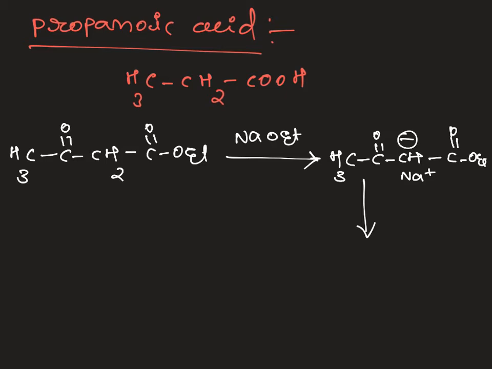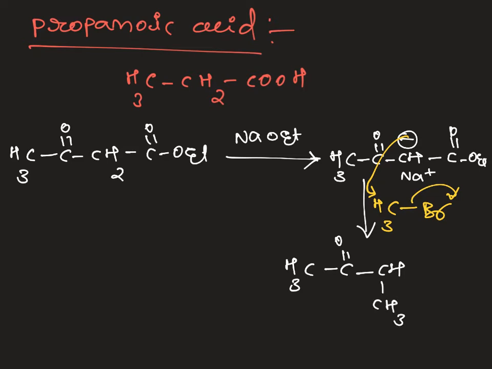Here we know that 2 carbons are coming from ethyl acetate, and in propanoic acid we have 3 carbons. So which alkyl halide do I have to use? I have to use a 1-carbon alkyl halide. I can use methyl bromide. Using methyl bromide, nucleophilic substitution forms a substituted product of ethyl acetate, CH3COOEt.